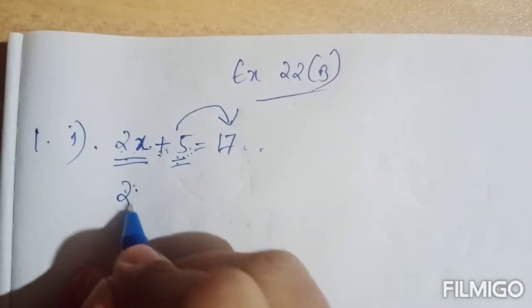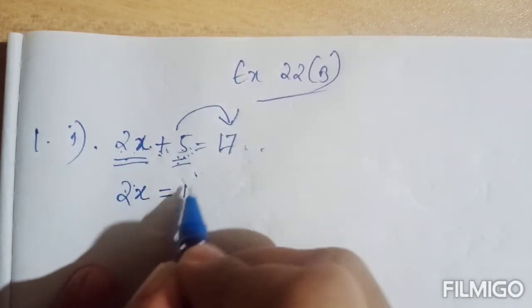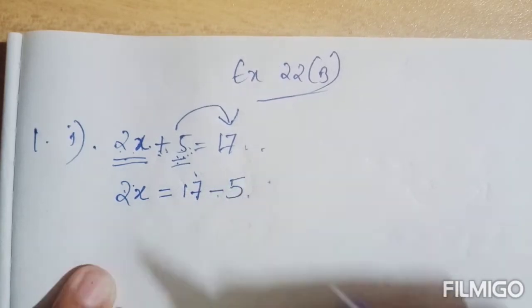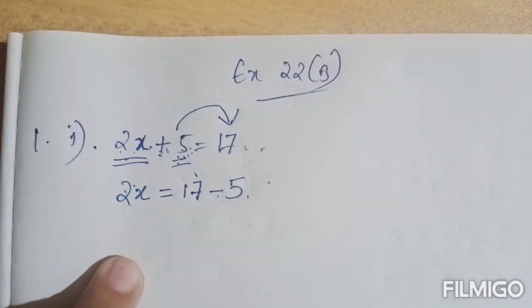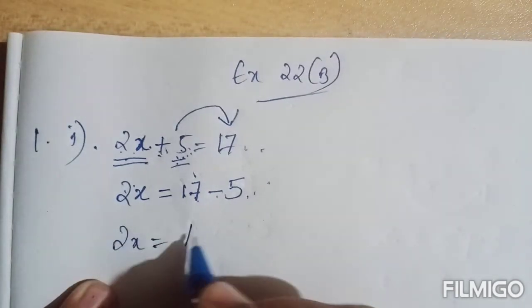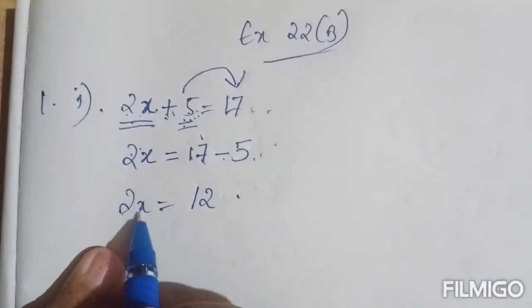So remaining here 2x equal to 17, plus 5 on taking to other side, it will be minus 5. 17 minus 5. Okay, 2x equal to 17 minus 5, it is 12. Okay, 2x equal to 12.